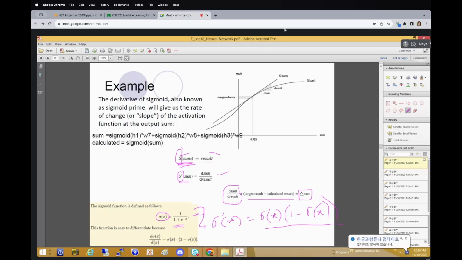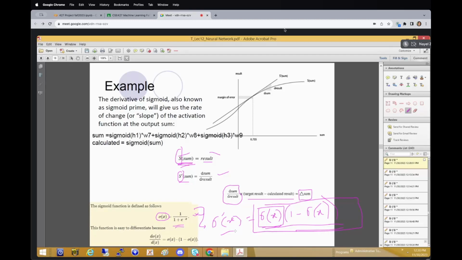So in this case, the derivative of the sigmoid of x will be nothing but the sigmoid of x times 1 minus sigmoid of x. It is easy to compute because we already computed the sigmoid of x, so there is no need to recompute those things again. If we multiply these two values, we will get the derivative of the sigmoid of x.